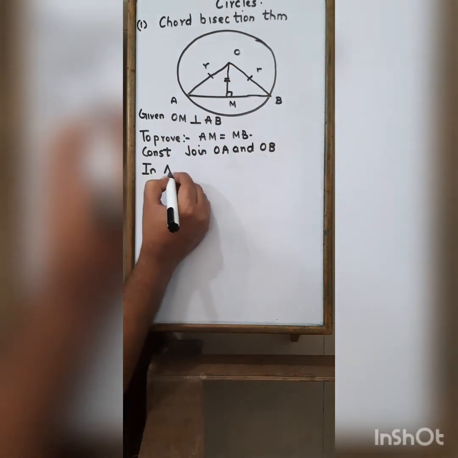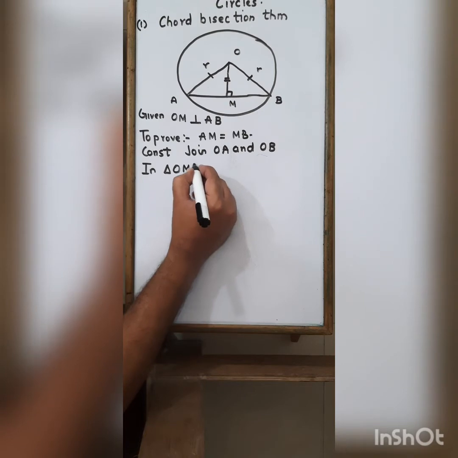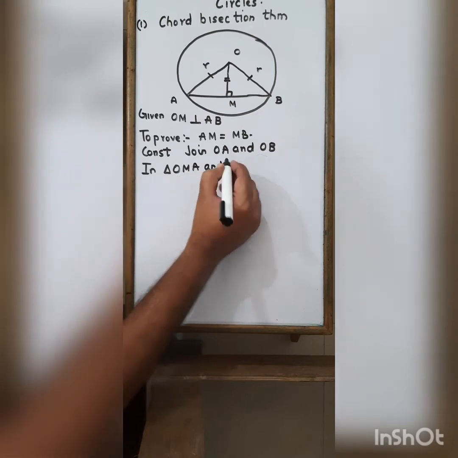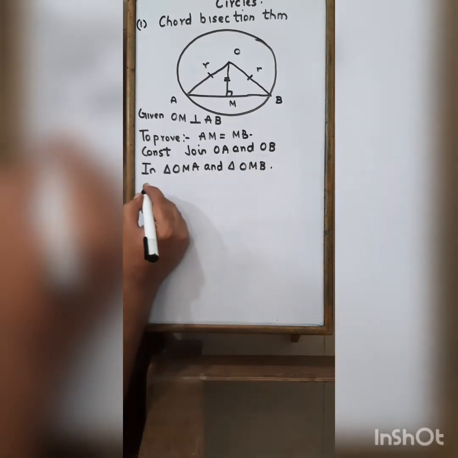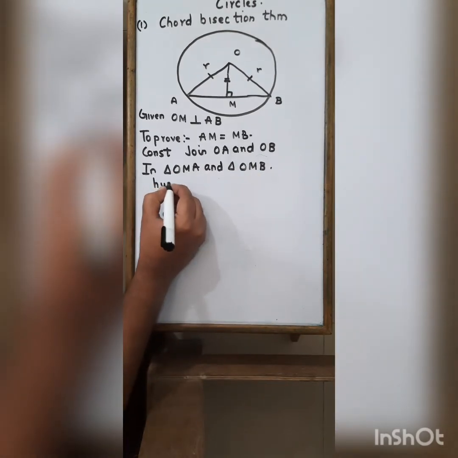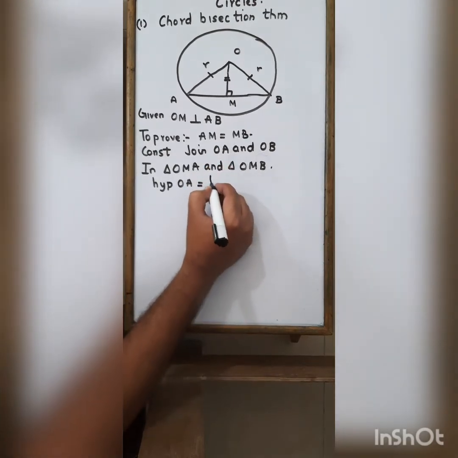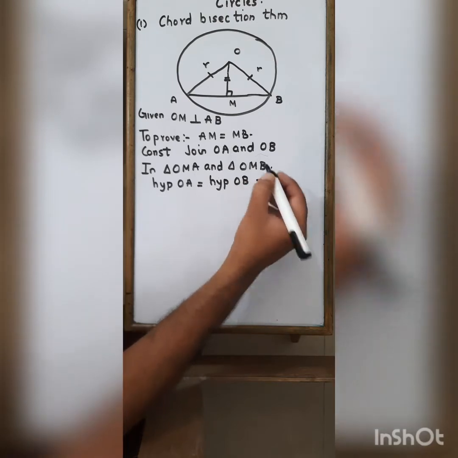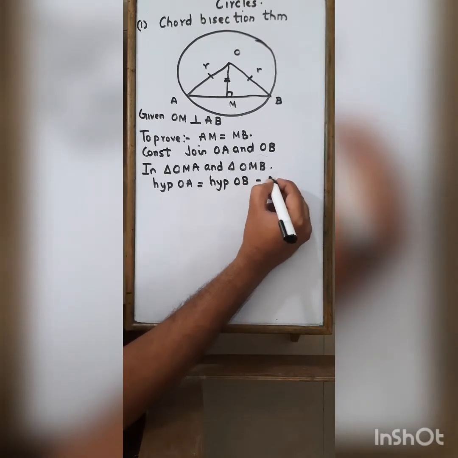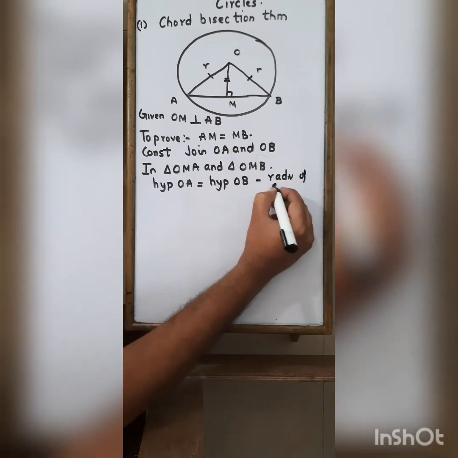So in triangle OMA and triangle OMB, hypotenuse OA is equal to hypotenuse OB, radius of same circle.